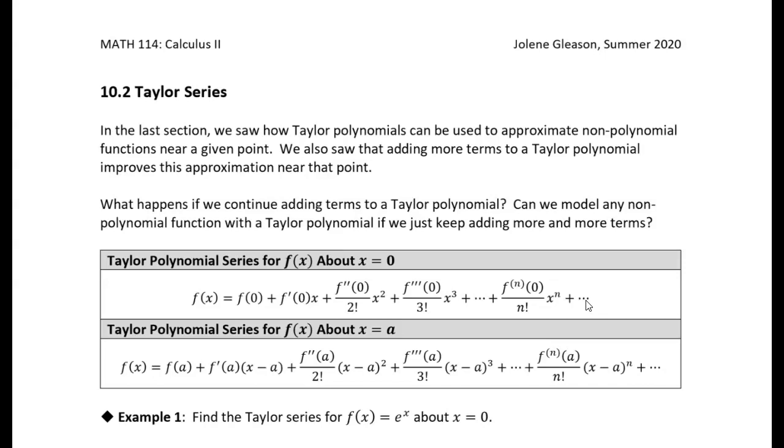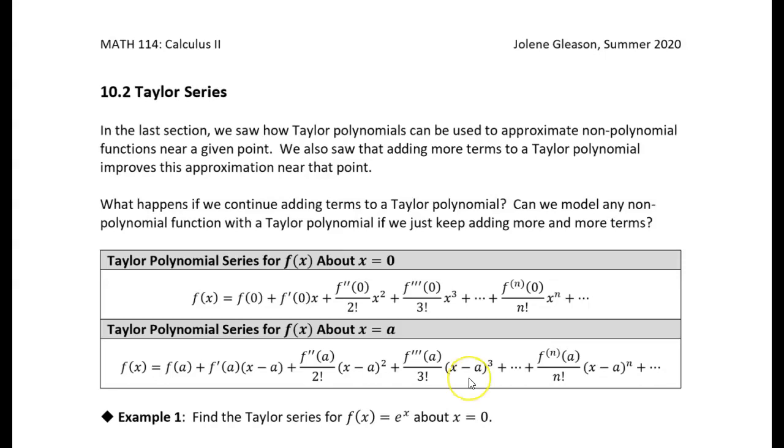So we have a Taylor series formula for about x equals 0, which looks just like what I presented in the last lecture. And we also have a Taylor series polynomial for a function around a different point other than 0, x equals a, right?